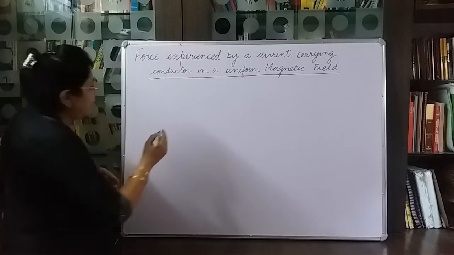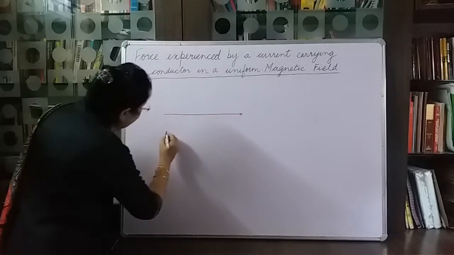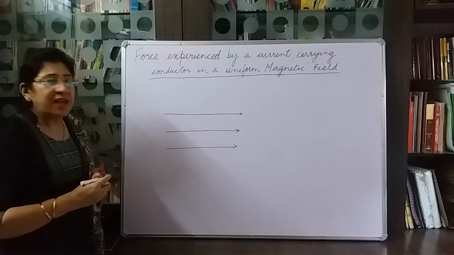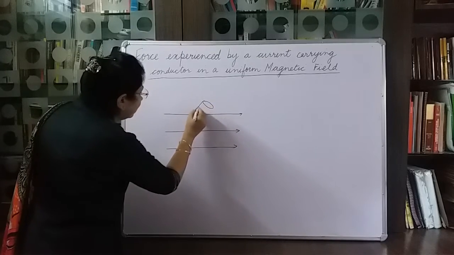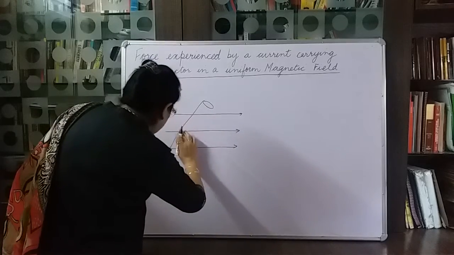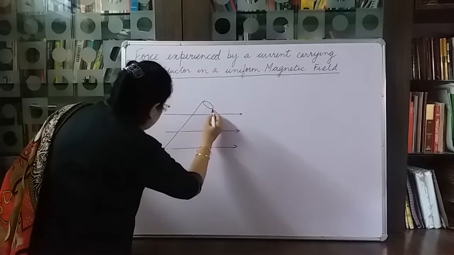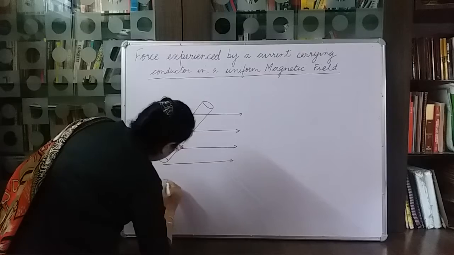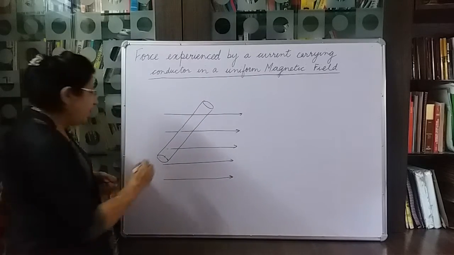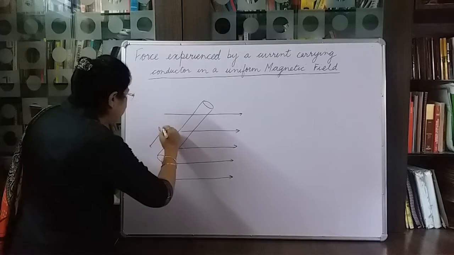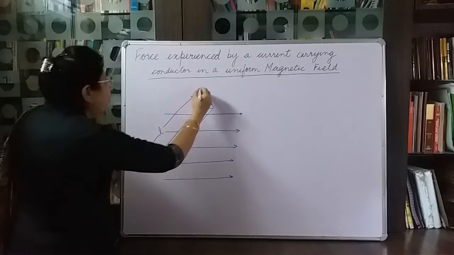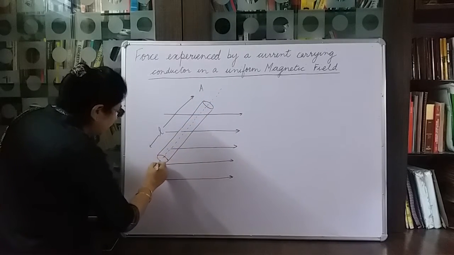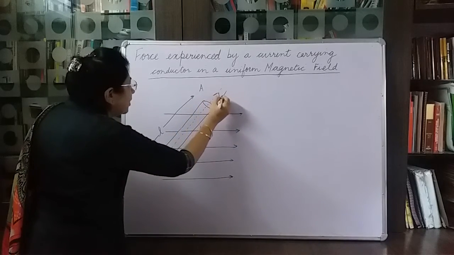For this, let us consider a uniform magnetic field. And in this field, let us place a conductor of length L and area of cross section A. The current flowing through the conductor, let it be I in this direction.